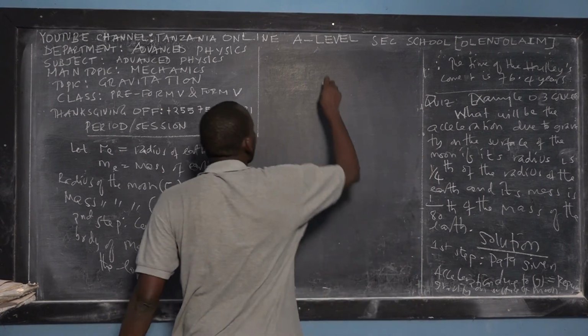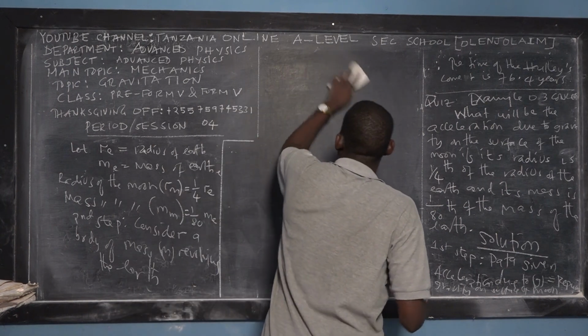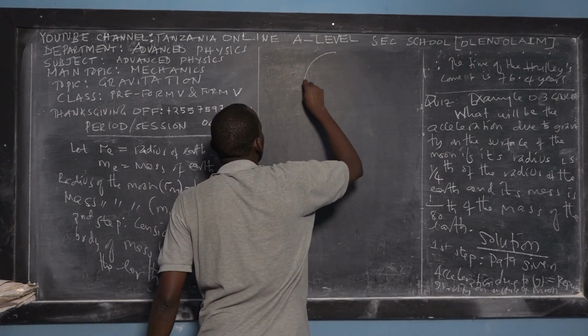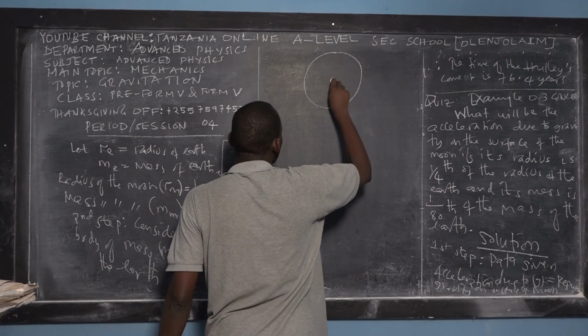So now we have our circle. This is the circular orbit, and then this is the S.